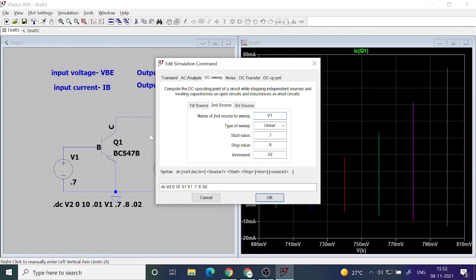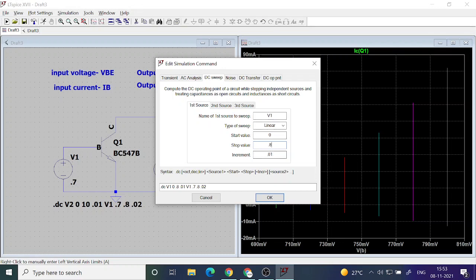Now the first source I want again to bring as V1, linear from 0, not from 0.7, let us put it from 0 to 0.8. Okay, 0 to 0.8.